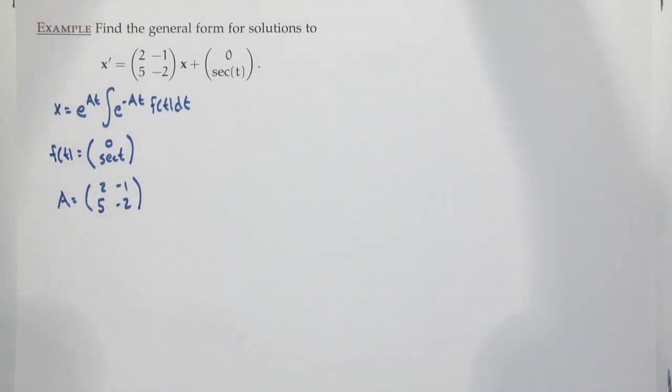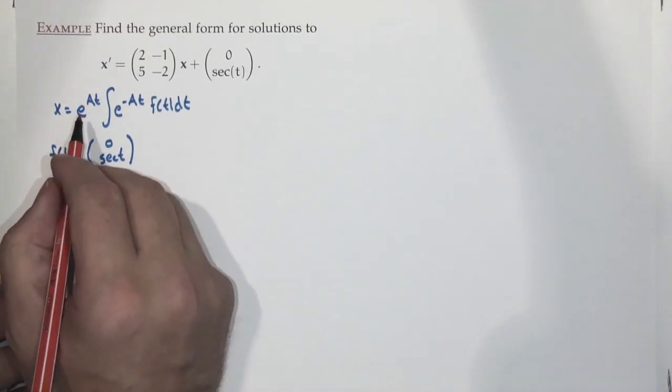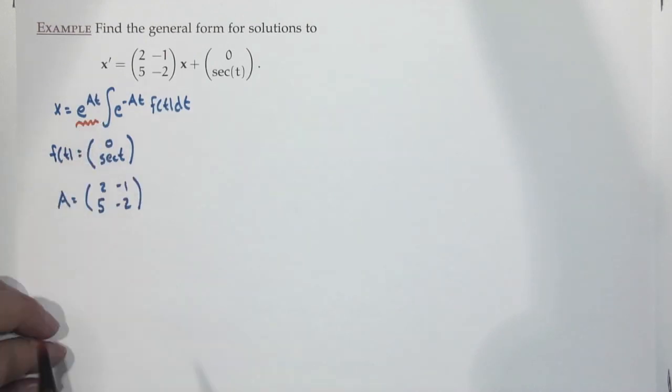Okay, so given that we have our formula and our pieces, what's the first thing we should go about doing? Where are we moving towards? In essence, the first big step in our process is getting e to the At.